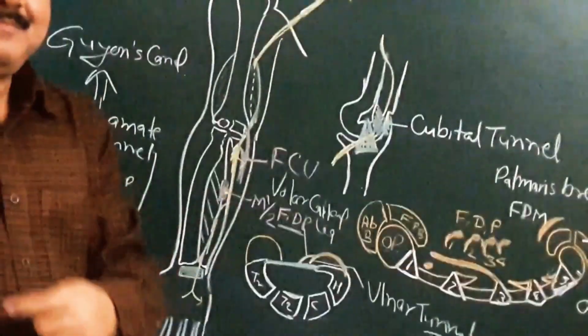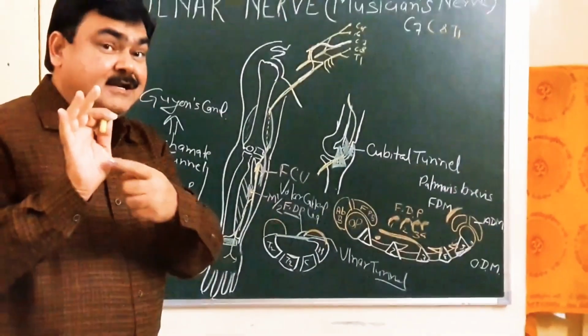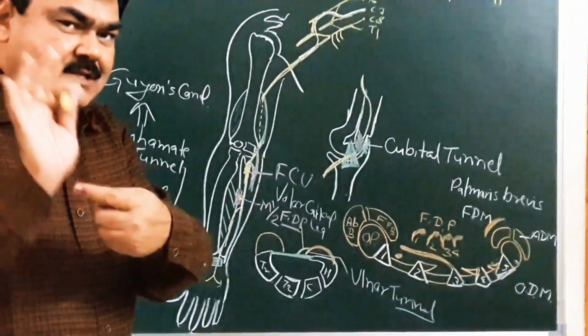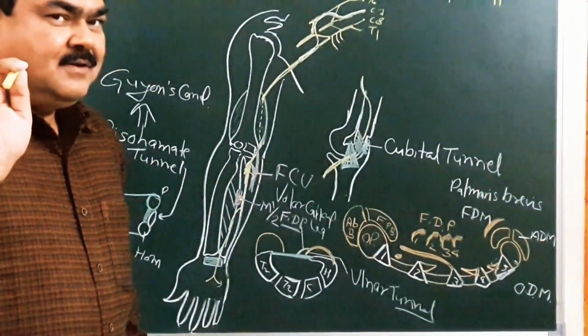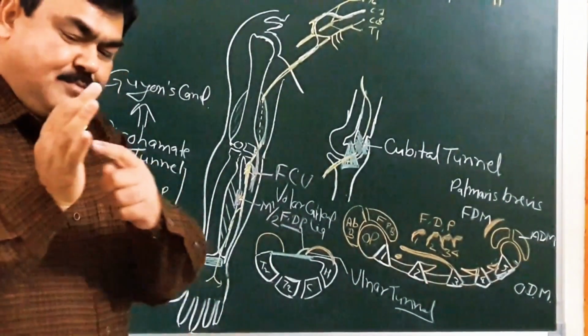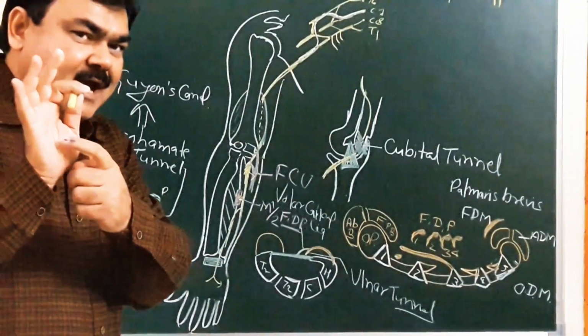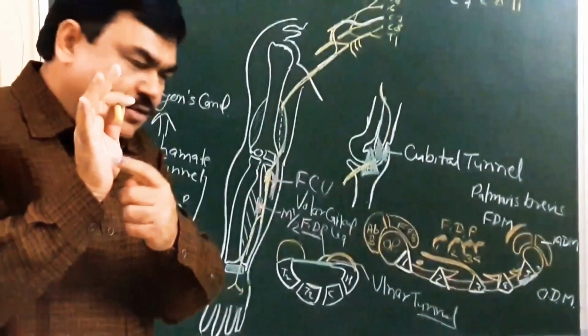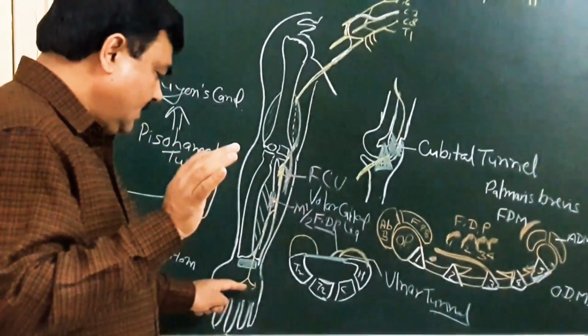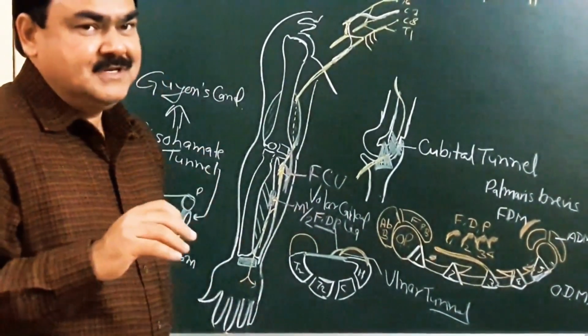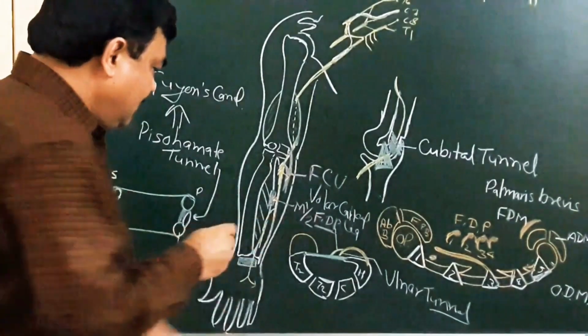Lateral 2/3 of this concavity is supplied by the median nerve. So the medial 1/3 of the concavity of the palm and also the skin over the hypothenar eminence is supplied by this nerve.